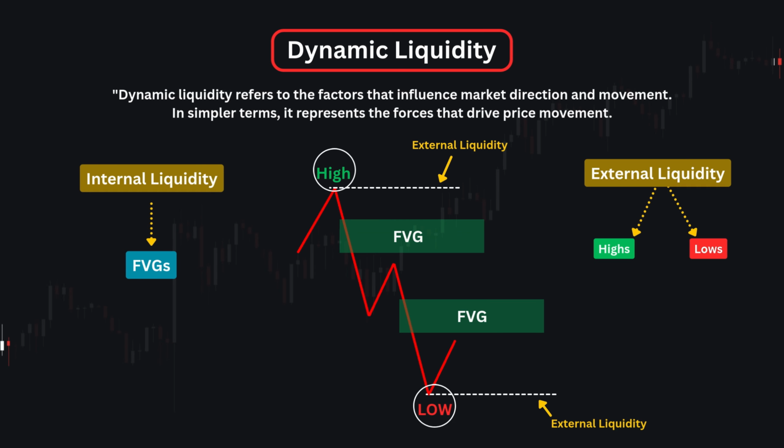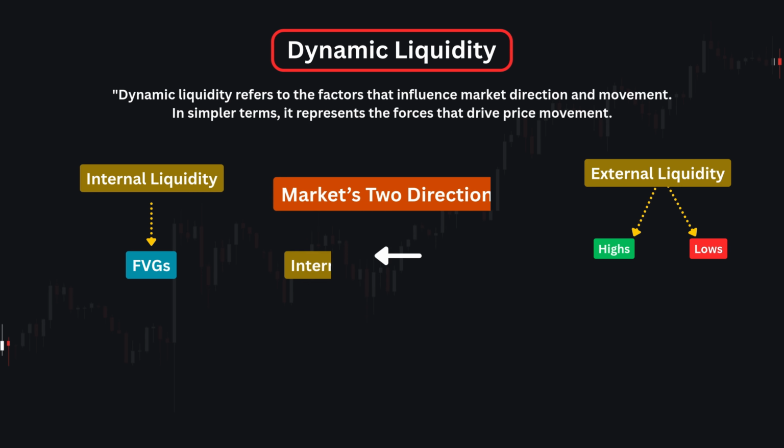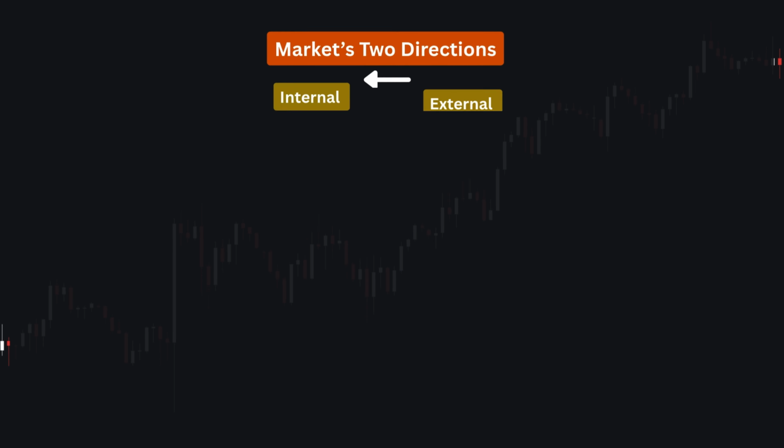Like this, as I've shown in an example. These highs and lows represent external liquidity, areas where stop-loss orders and pending positions are typically found. On the other side, the fair value gaps formed within the range of the high and low are known as internal liquidity. Keep in mind, price always moves between internal and external liquidity.